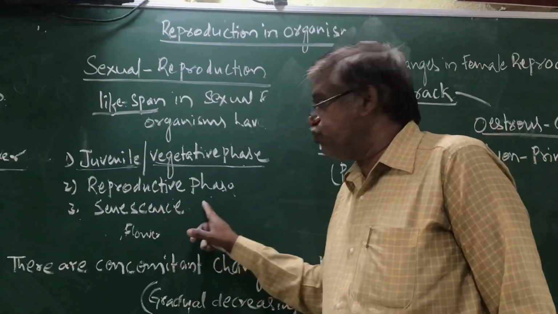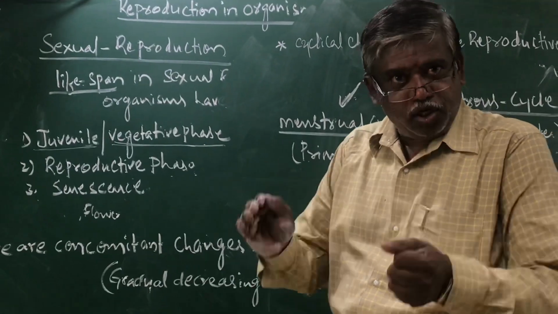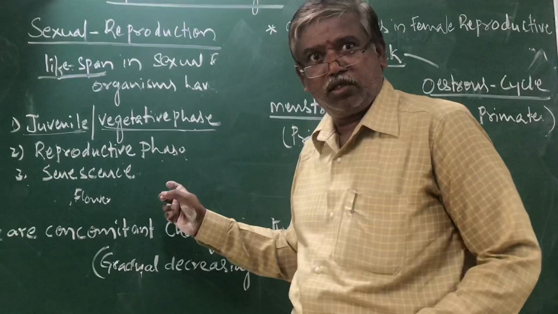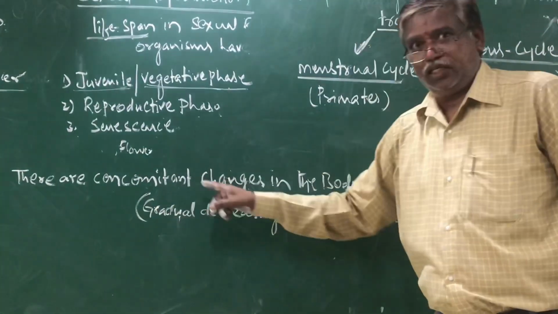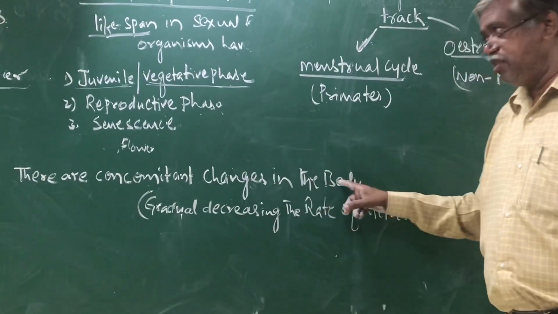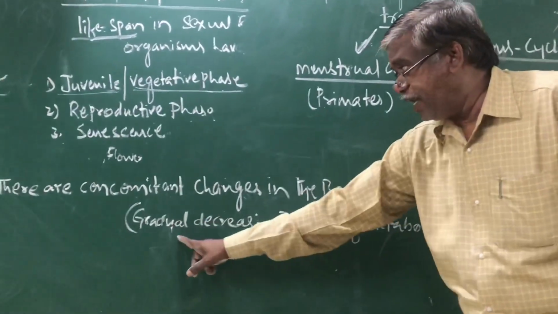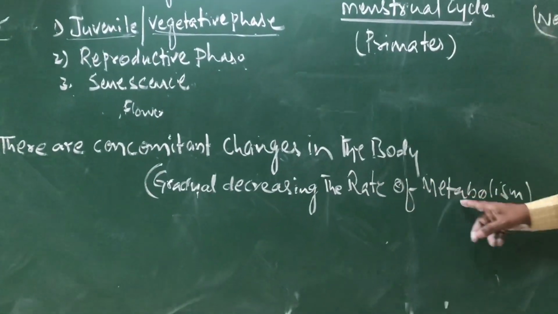What is the senescence phase? The duration of the organism after the reproductive phase. There are concomitant changes in the body. What is concomitant? A gradual decreasing rate of metabolism.